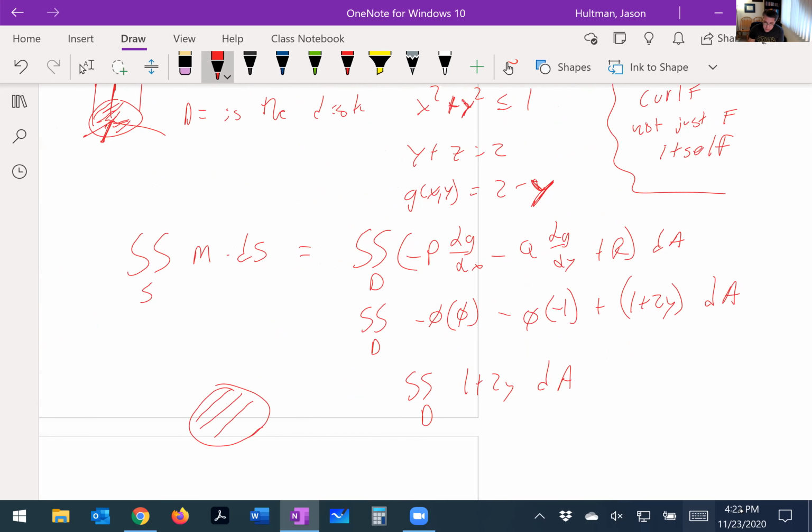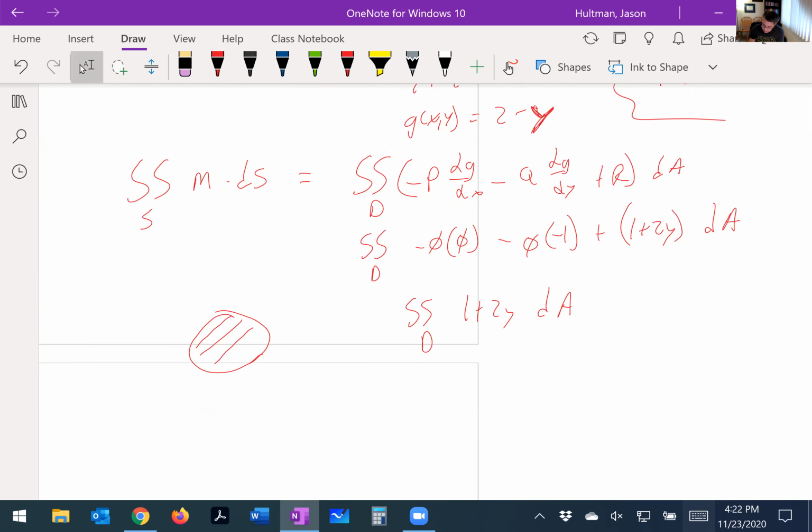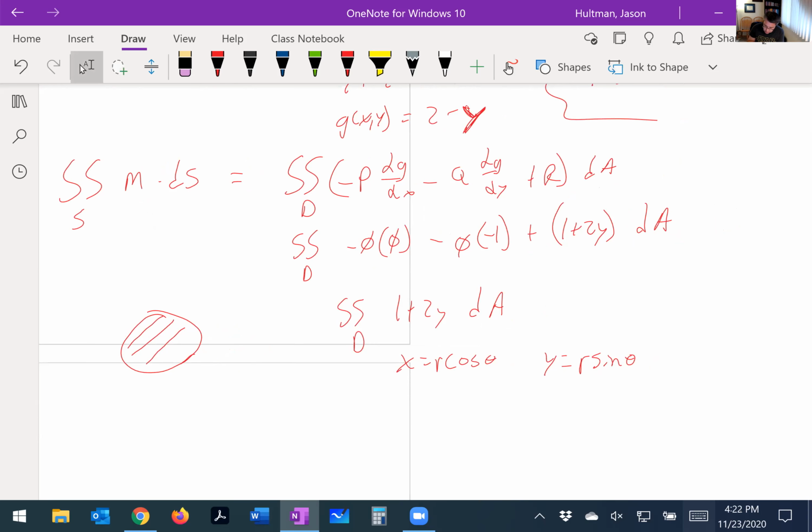So x is going to be equal to r cosine theta, y equals r sine theta. Let's just parameterize this thing into polar coordinates.